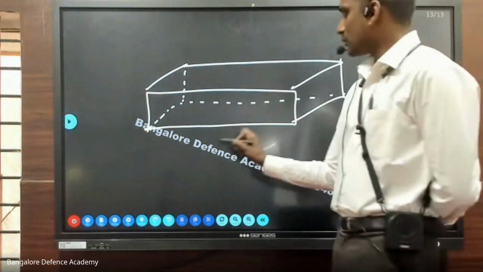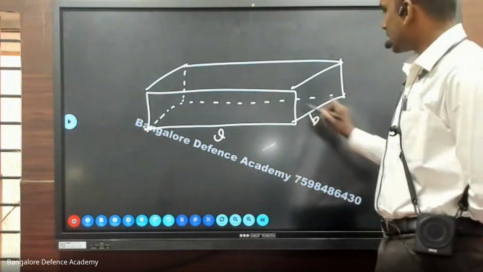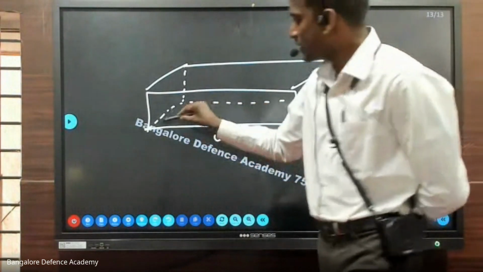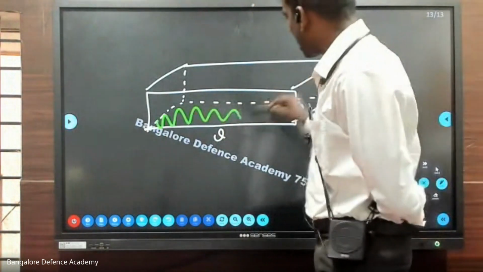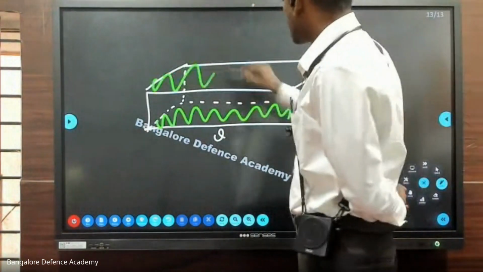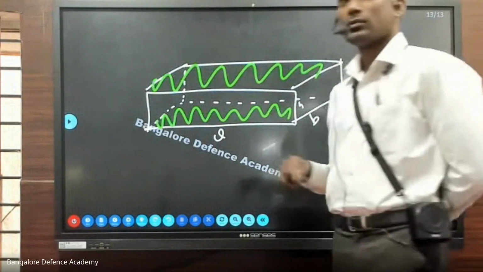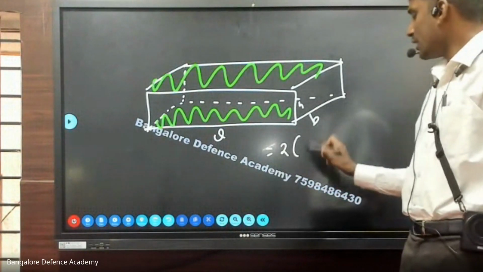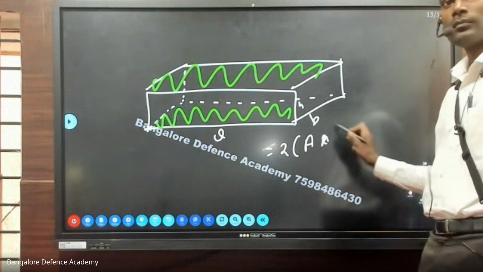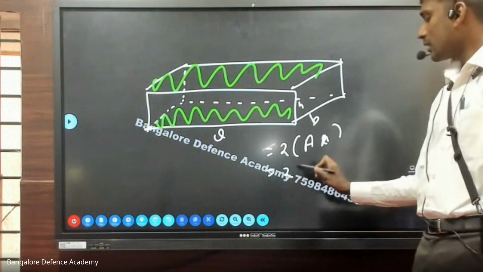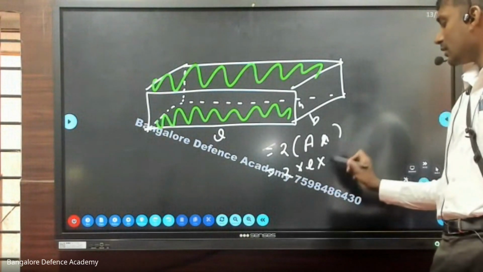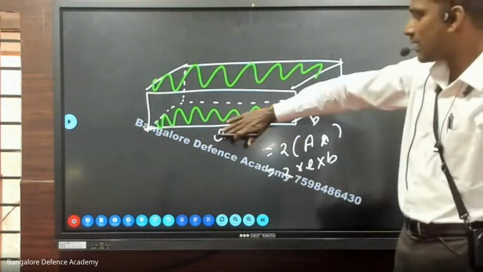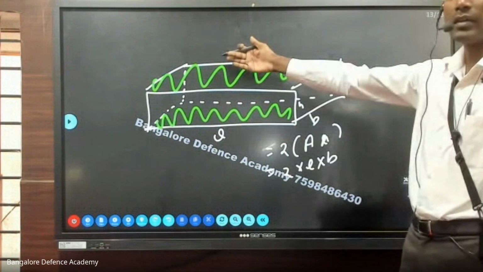Now this is length, this is breadth, this is height. Imagine I take this one. The bottom and the top, what shape are they? Rectangle, right? So can I say 2 into area of rectangle? What does that become? Length into breadth. The bottom area and the top area.